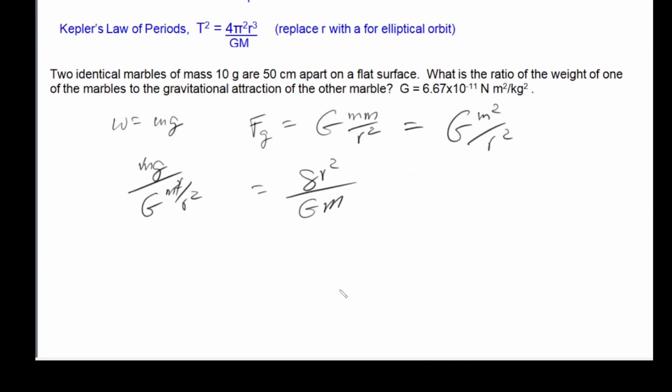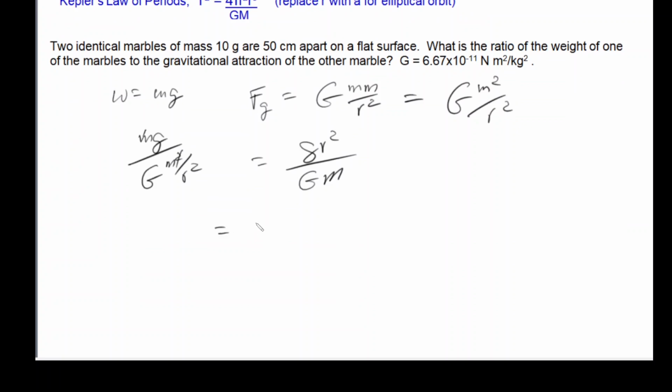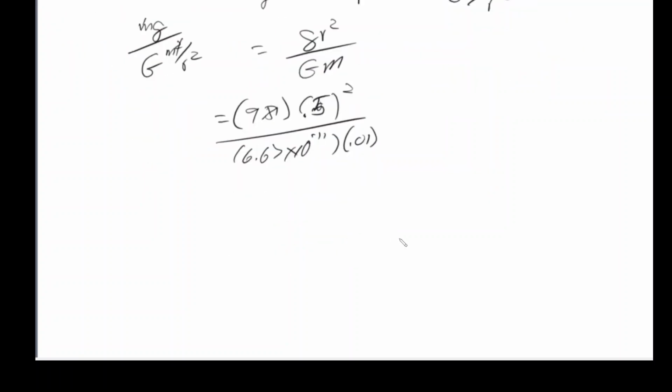And then we just put the numbers in. So g is equal to 9.81, r squared is 0.5 meters squared, over big G, which is 6.67 times 10 to the minus 11, times the mass, which is 10 grams or 0.01 kilogram.